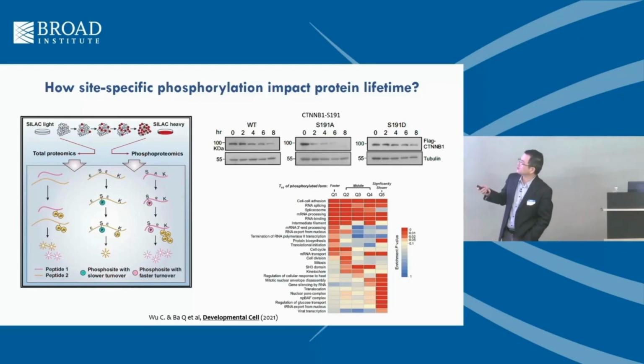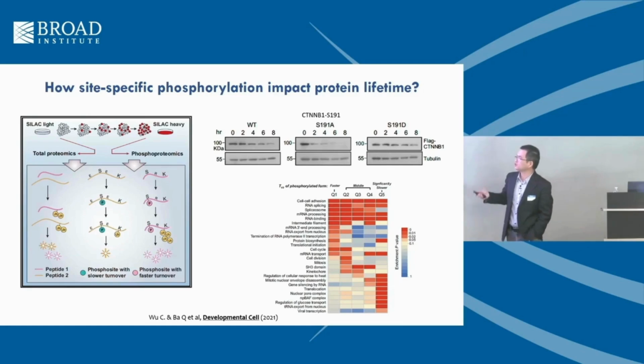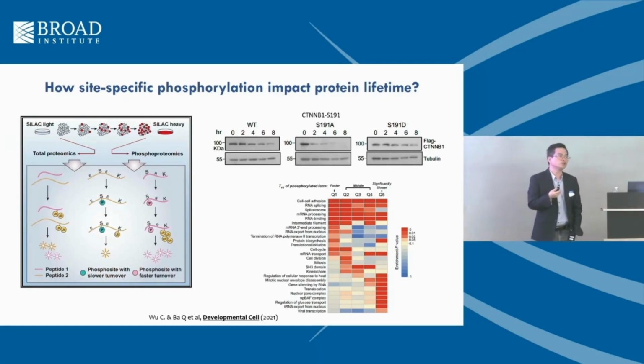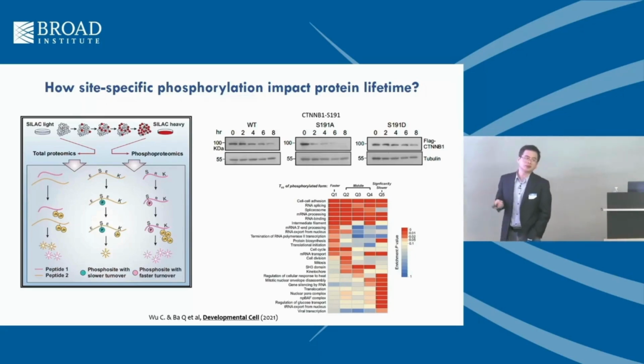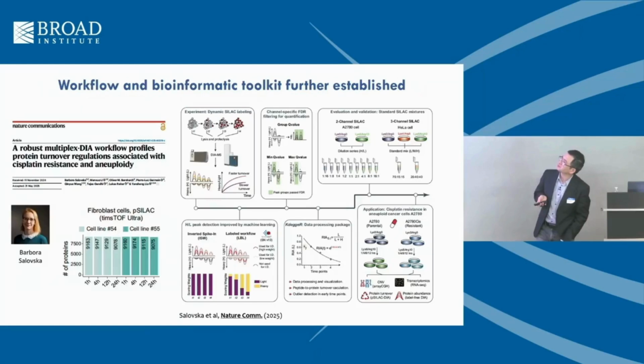So for these phosphosites, they really tend to make the protein degradation to be faster. But on the other end, we actually find some other phosphosites which are often related to protein-protein interaction or the nuclear core protein complex or protein transportation. So this phosphosite, once happened, seems to prolong the protein lifetime or delay the protein turnover. So this can be quite interesting for us to think about the phosphoproteomic functions.